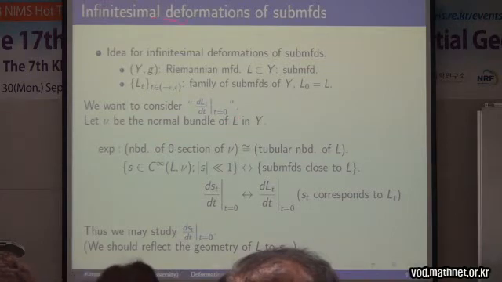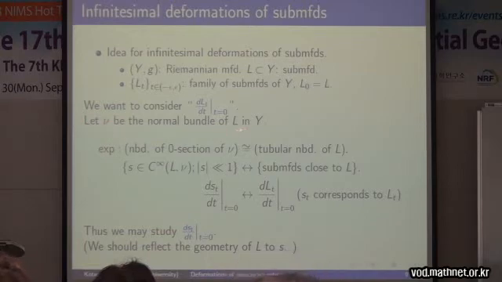So we want to formulate this mathematically. To do so, we use the normal bundle of L in Y, which we write nu. Well known is the tubular neighborhood theorem: a neighborhood of the zero section of nu is diffeomorphic to a tubular neighborhood of L by the exponential map.